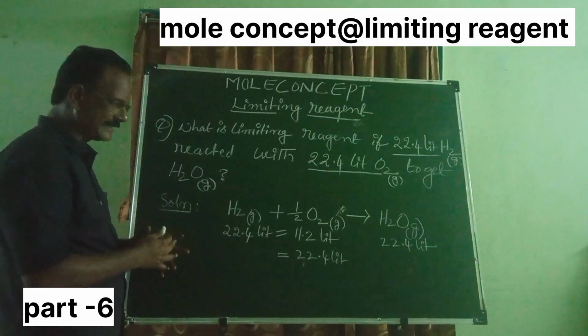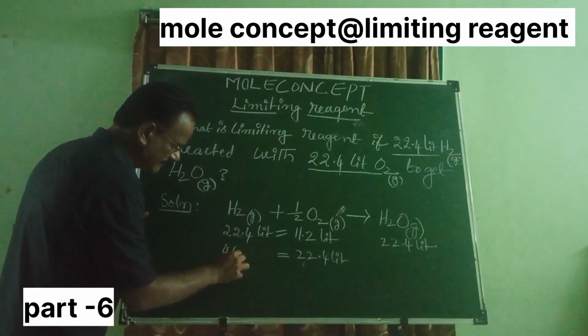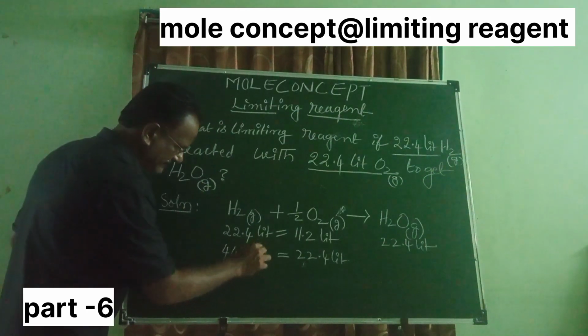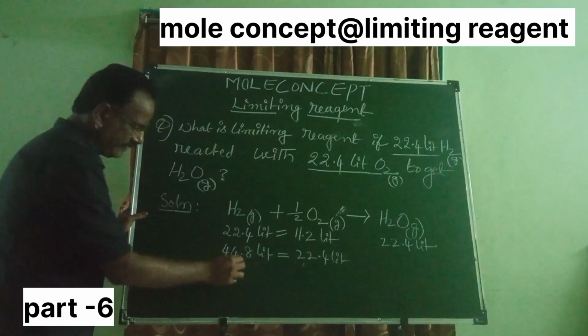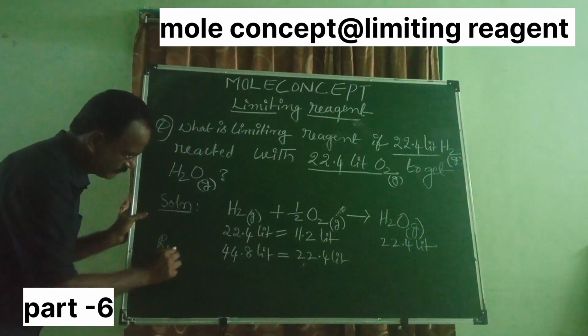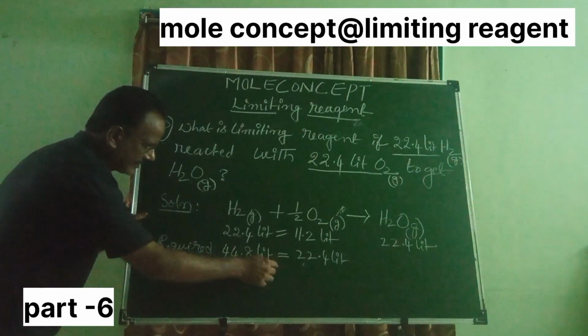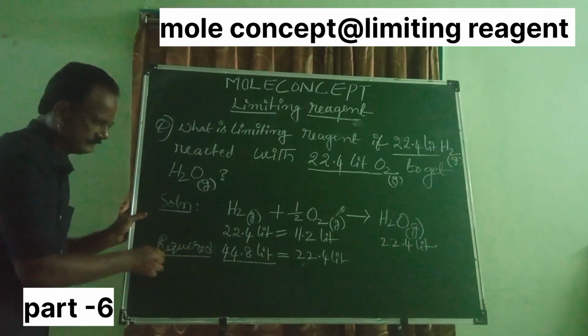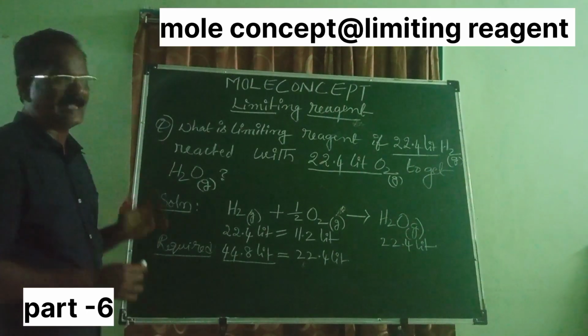The actual requirement is 44.8 liters. The required amount of hydrogen is 44.8 liters. But how much do we have here?